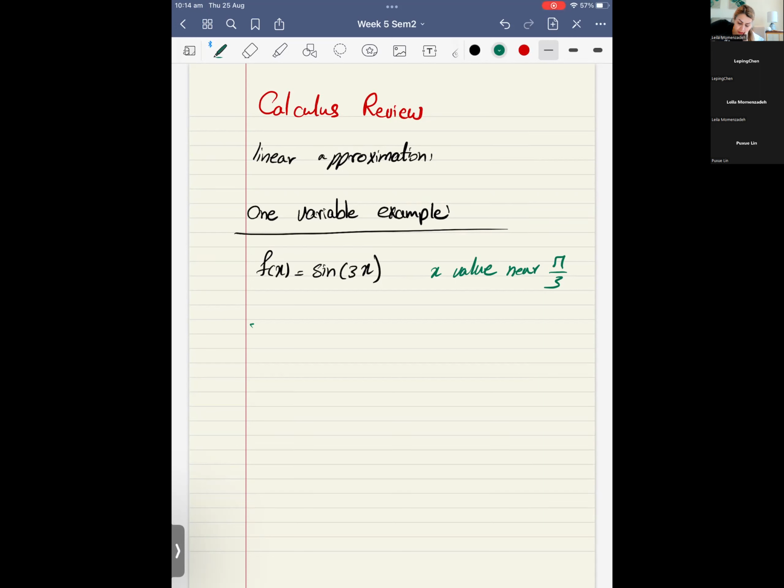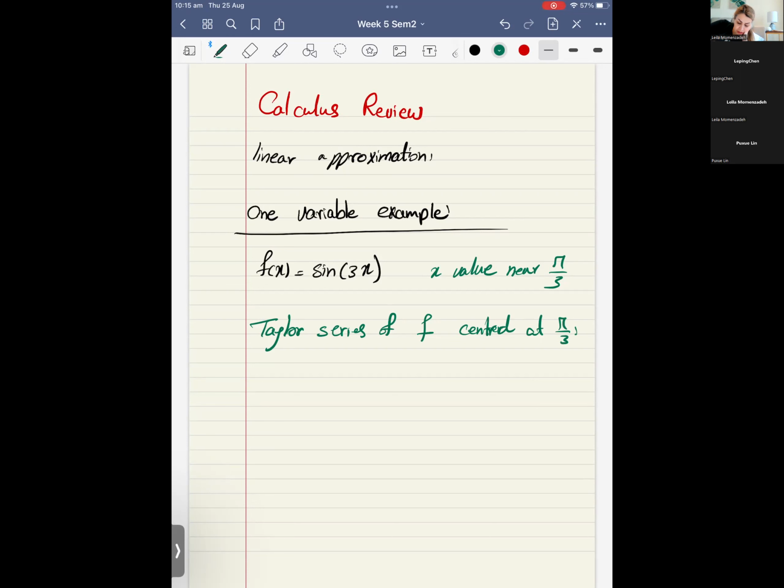Okay, Taylor series of f centered at pi over 3. Let's see how it's looking.